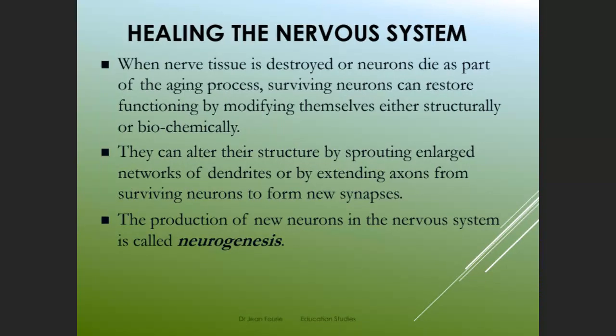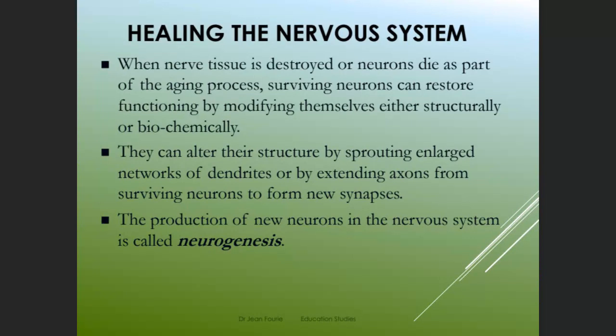And this plasticity is useful because it helps the brain to heal the nervous system. When nerve tissue is destroyed, whether through the aging process or otherwise, there are other neurons that can assist with restoring functioning by modifying themselves structurally or biochemically, and so take over functions that are damaged.